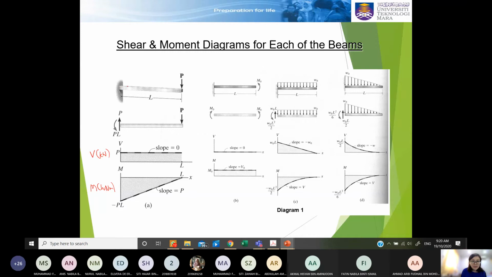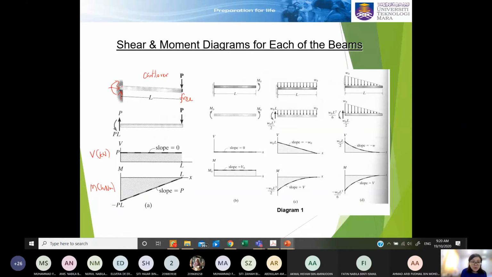If you see this cantilever beam, why we say this is a cantilever is because there is one free end. There is no support at this end, but at the other end it must be fixed. If it is pinned, this is an unstable structure.